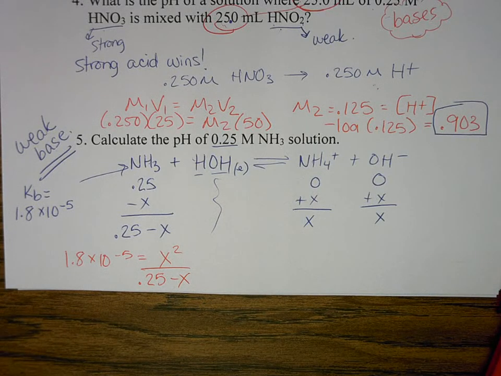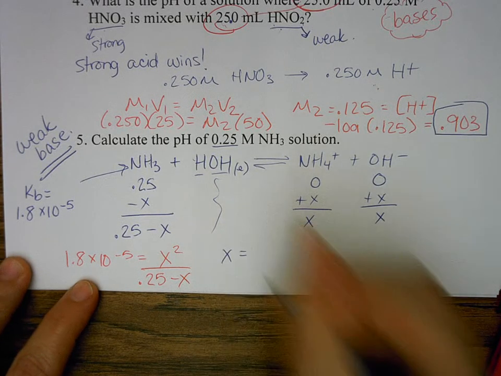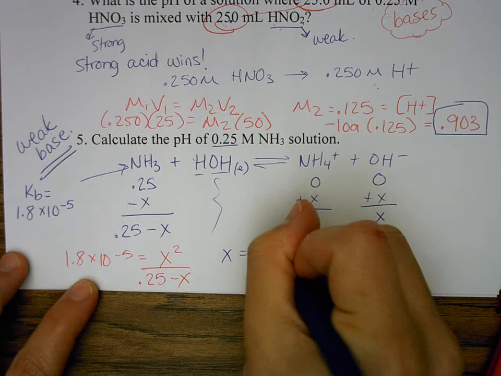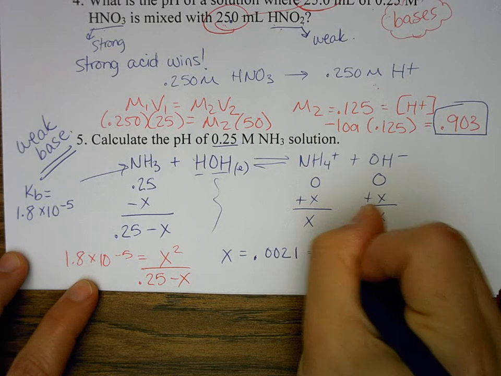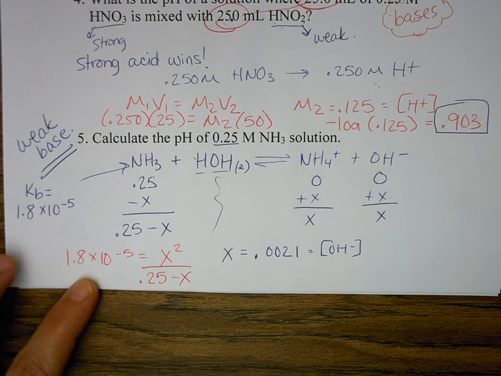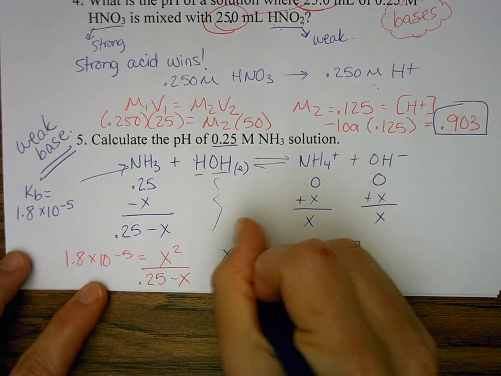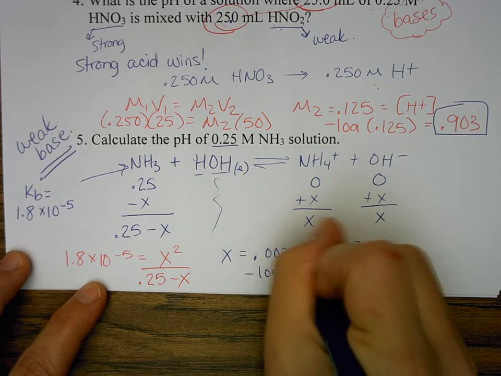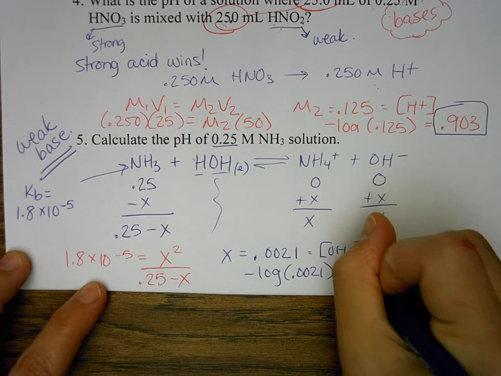I won't go through the solving for x. We've done that. x is 0.0021. That's your hydroxide ion concentration. Negative log that gives you 2.68.